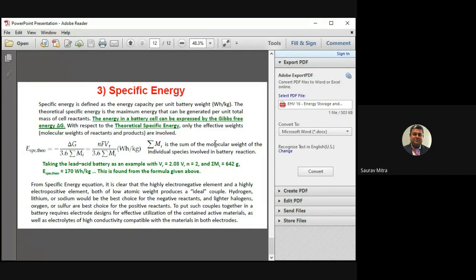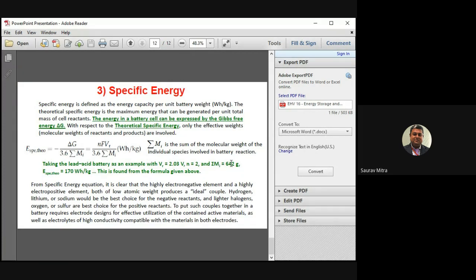All these parameters you have to explain. F is a constant, VR is a voltage, and n is the number of electrons used during discharge. Taking the lead acid battery as an example, VR is equal to 2.03. I think now you have understood what is meant by VR. It is the maximum voltage where you can charge the battery. So 2.03. n is equal to 2, summation Mi is equal to 642 gram.